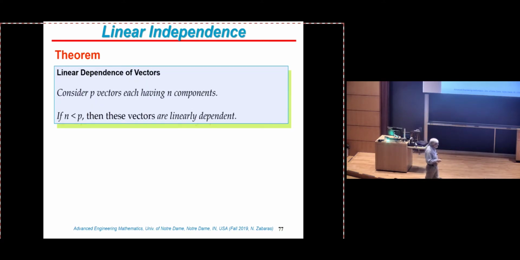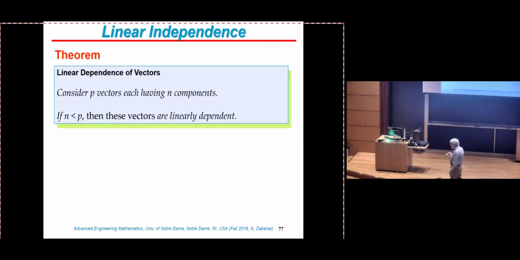Now, you can put in order lots of very trivial, common sense theorems. So let's look at one of them. Suppose that I work in 3 dimensions, and I give you 4 vectors, all right?